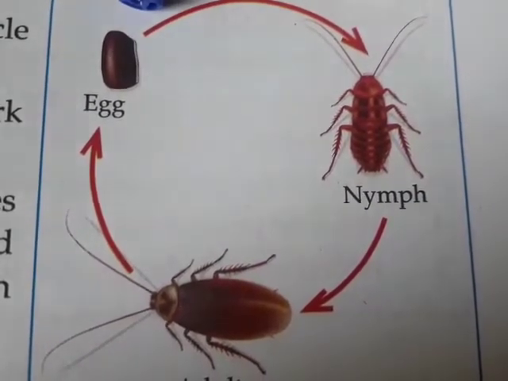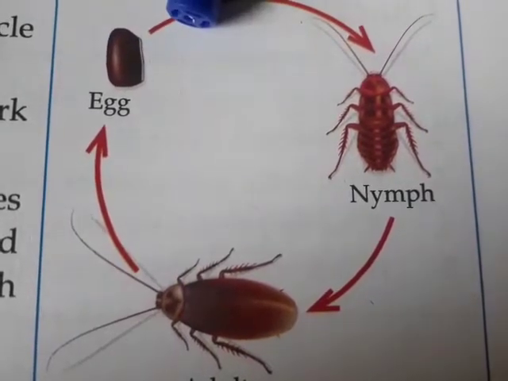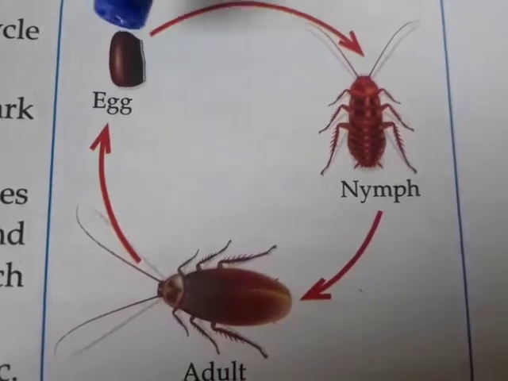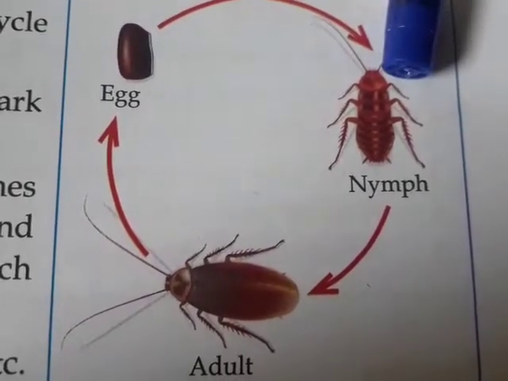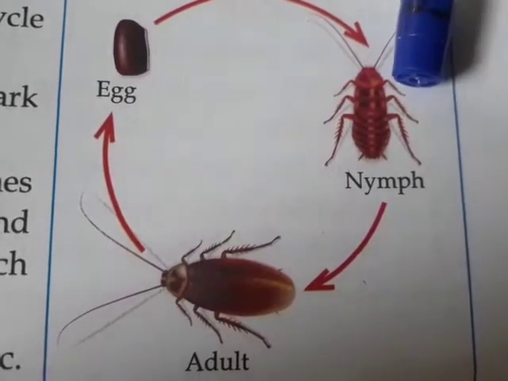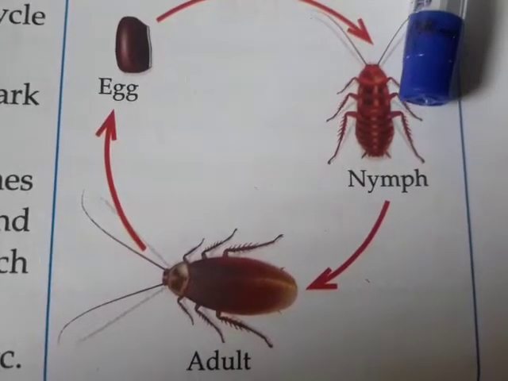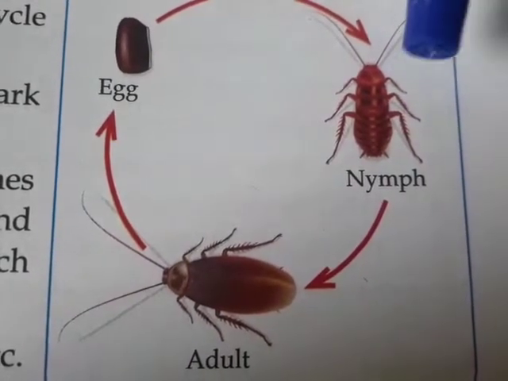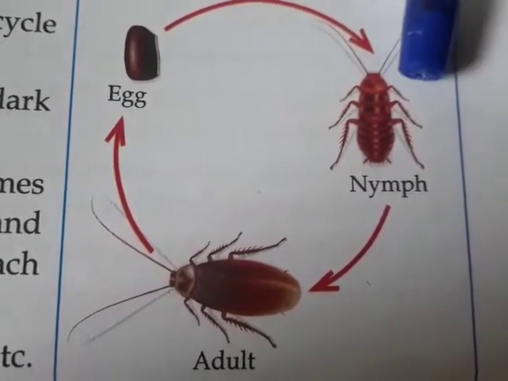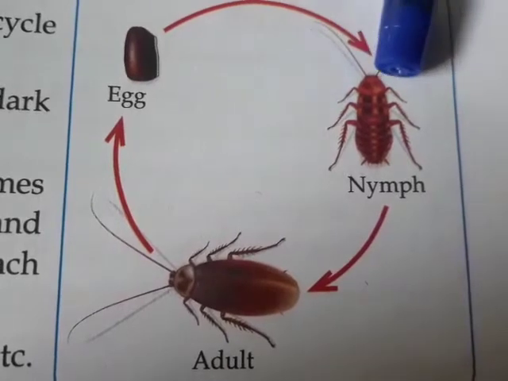After a few days, the egg hatches by itself and a young cockroach comes out of it. That young cockroach is known as a nymph. What is it known as? Nymph. Now this nymph looks like the adult cockroach, but it will not have wings.